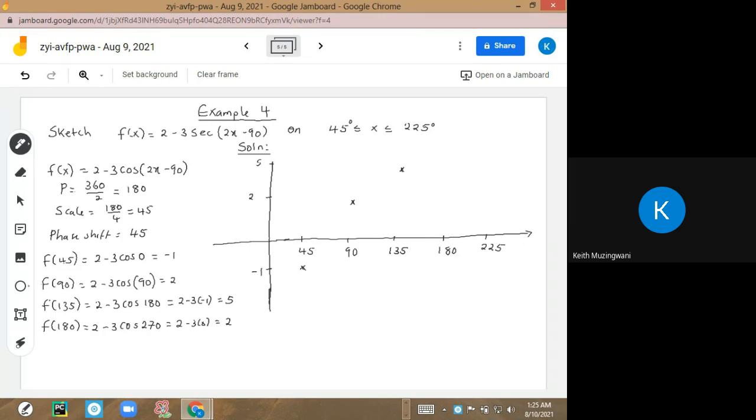This is 2. And f of 225 will be -1, even if I don't calculate. So what you notice is that if you solve so many questions, you get to know the pattern. Once I start going up and I find one that is coming down, I'll keep coming down all the way up to the last number.